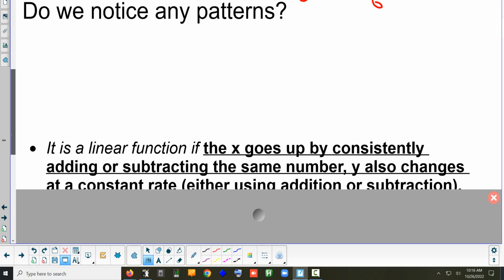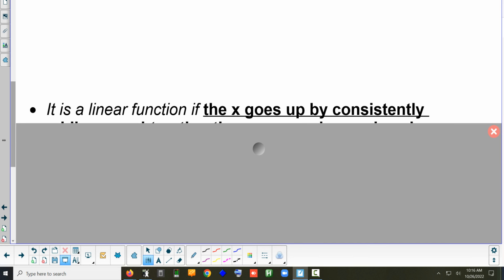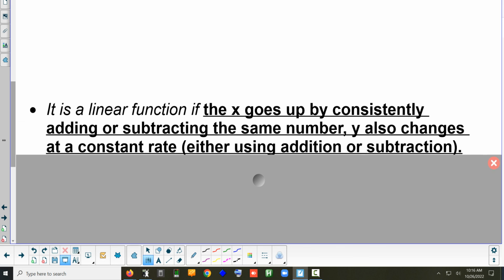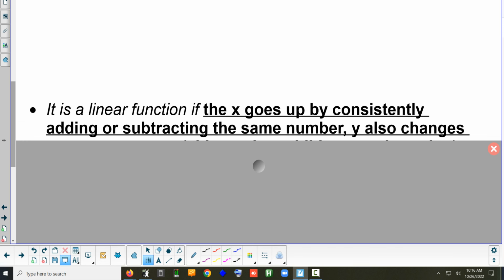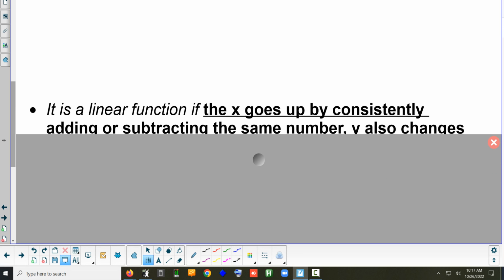Okay, so on the line where it says it is a linear function if, this is what you want to fill in. The first thing you do is you look at the x's. And the x's have to go up, or they could go down.